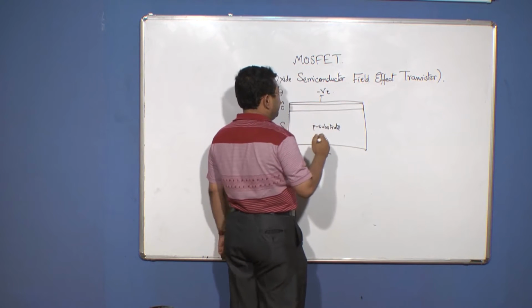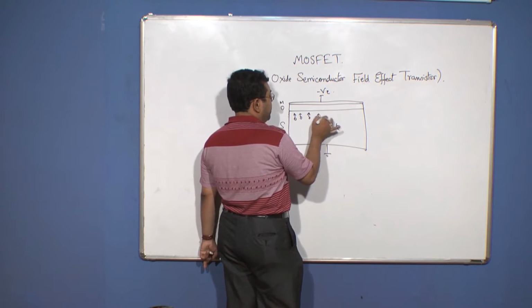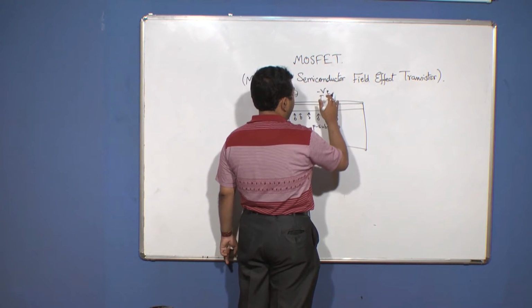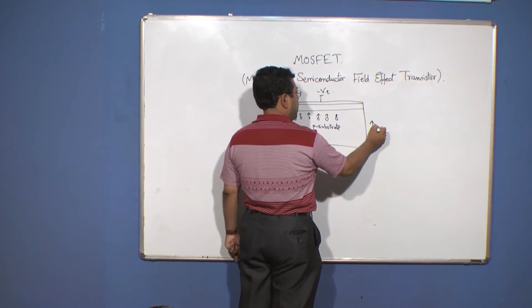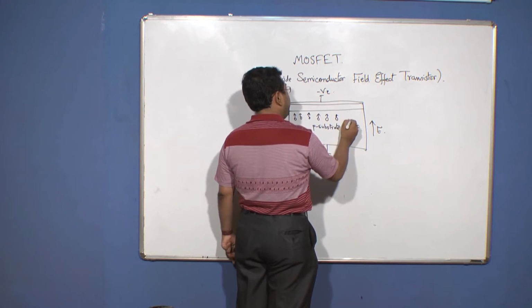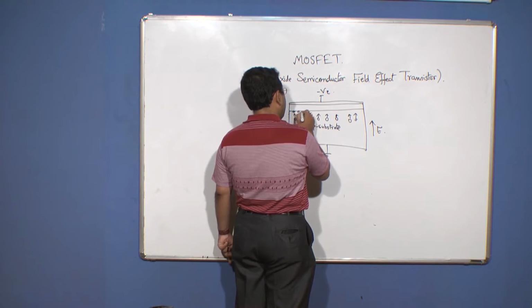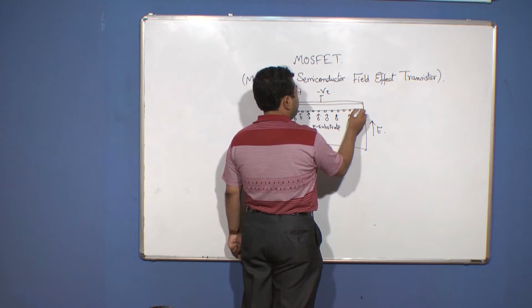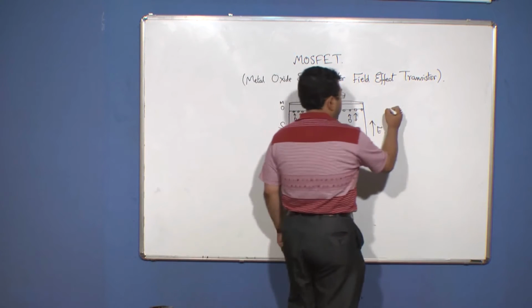So, if you apply a negative voltage, what will happen? The holes will get attracted towards the negative potential, because you have electric field in this direction. So, the holes will move in this direction and they basically accumulate at the surface of separation between the oxide and the substrate. This phenomenon is known as accumulation.